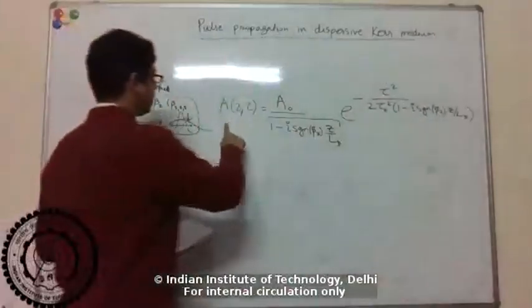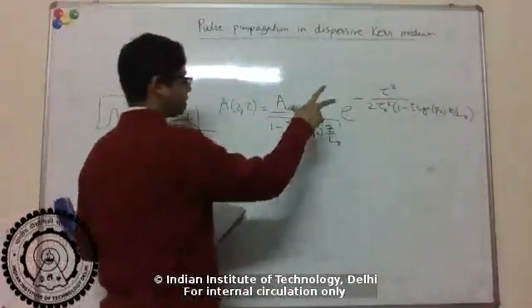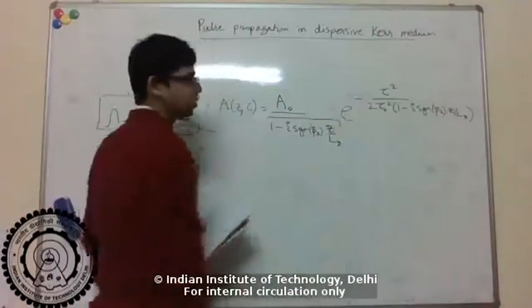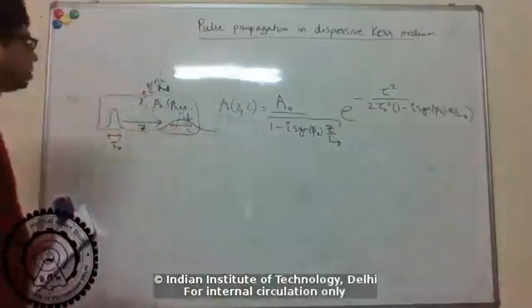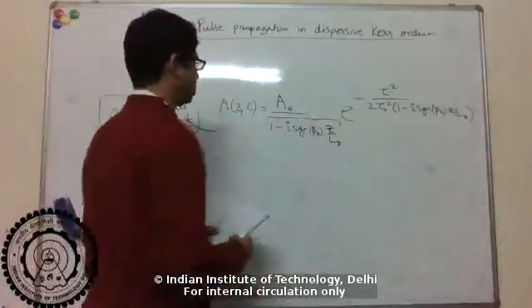Okay, so let's look at this in a bit more detail. We can express this as a magnitude times a phase. So just take the magnitude of this.